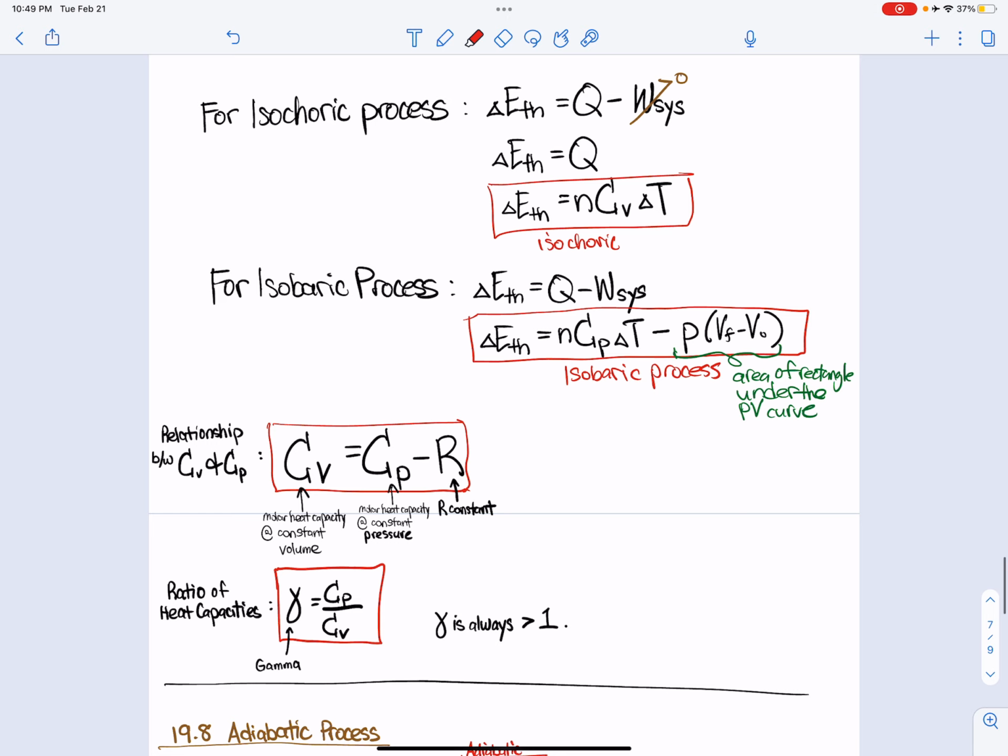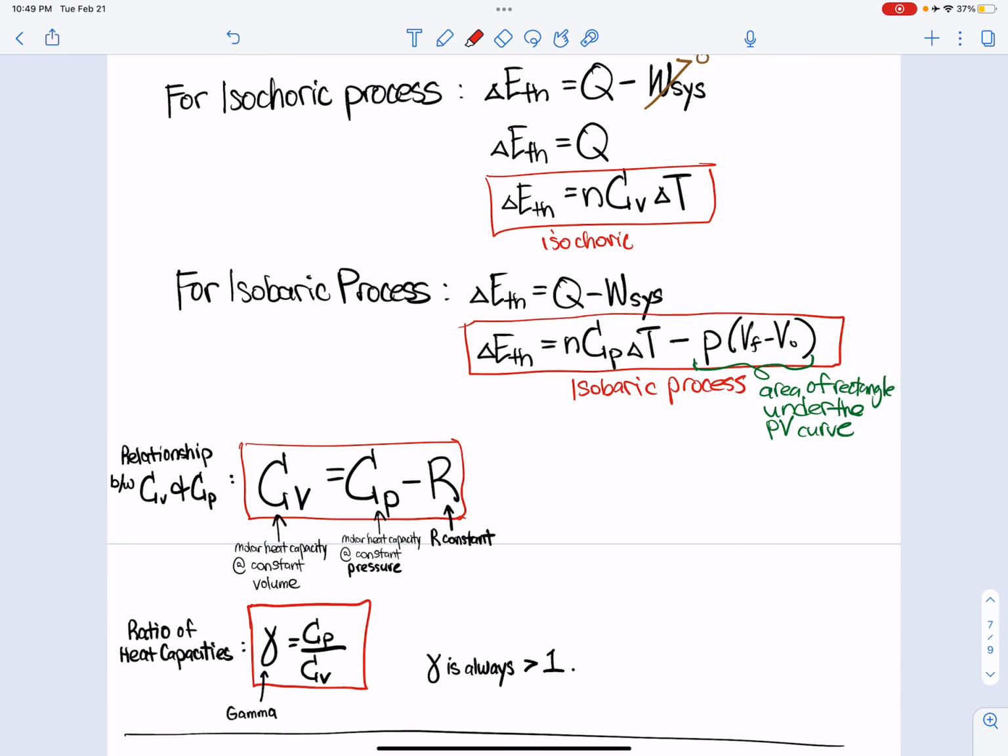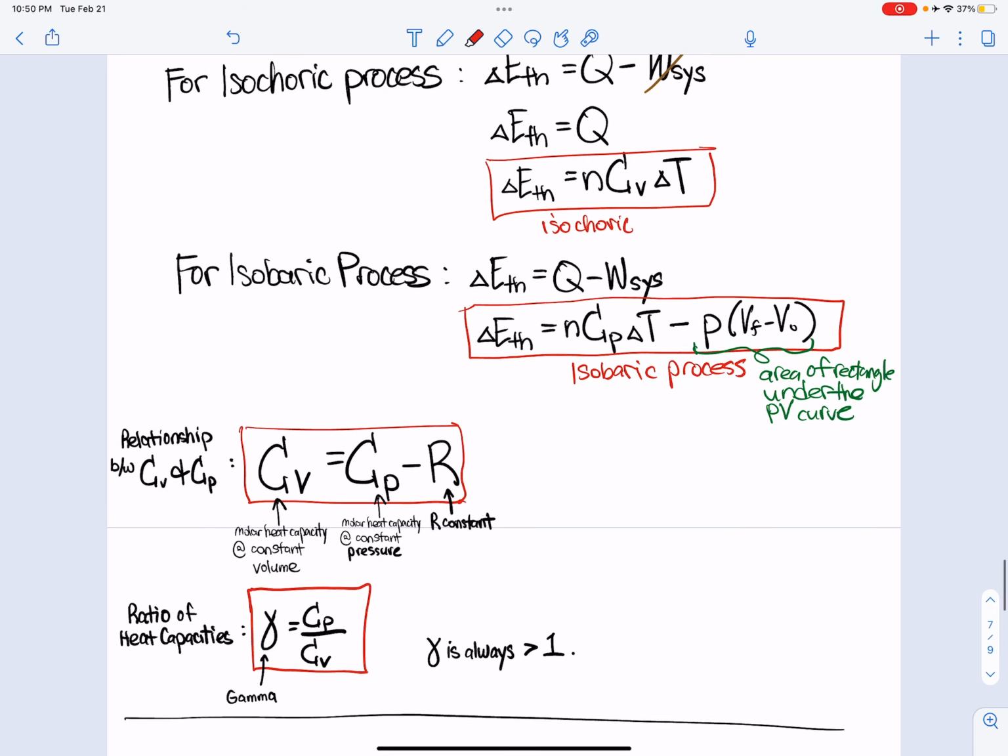The molar heat capacity at constant volume, CV, is equal to the molar heat capacity at constant pressure, CP, minus R. You should know this so that you can get to CV from CP anytime you want, or get to CP from CV. R is constant, and you should have that value in your cheat sheet somewhere. R doesn't change.